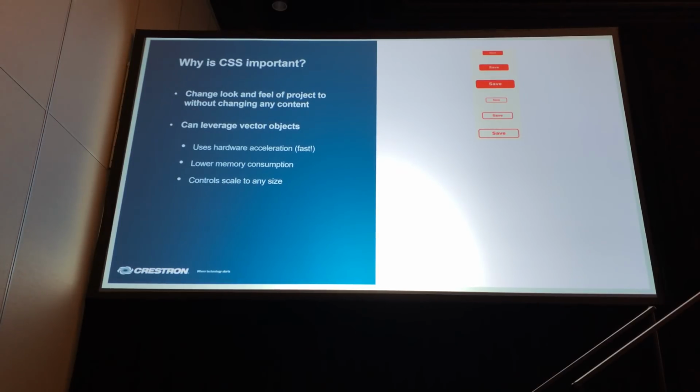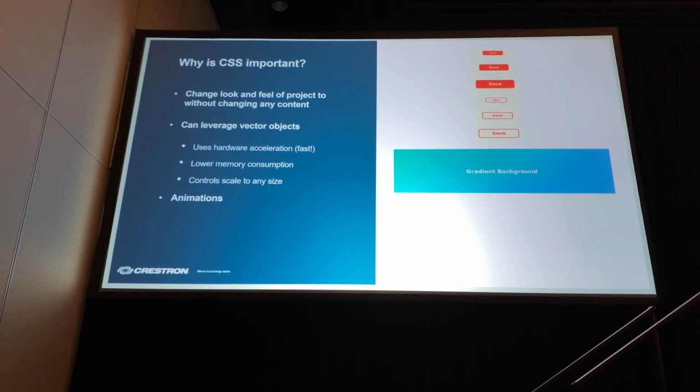That's changing with CSS. CSS is 100% vector-based. And in doing that, you leverage things like the GPU, the graphics processing unit in the hardware, which makes things render really, really fast. The other thing that CSS does is provide an animation library, or provide the ability to animate objects on a page.